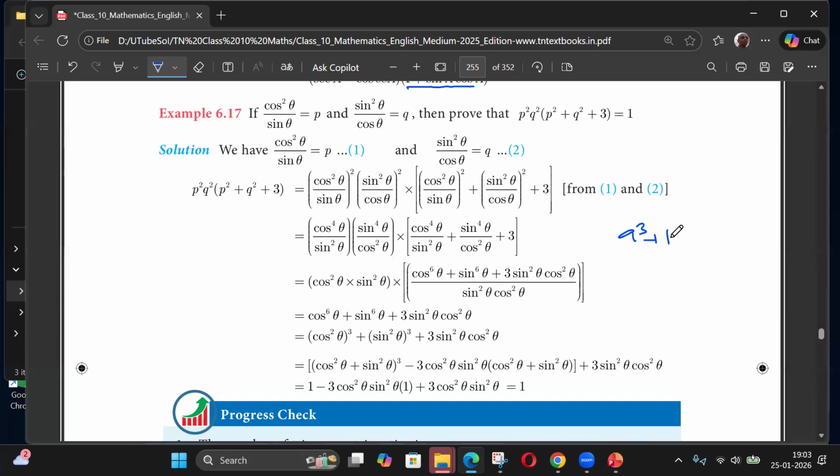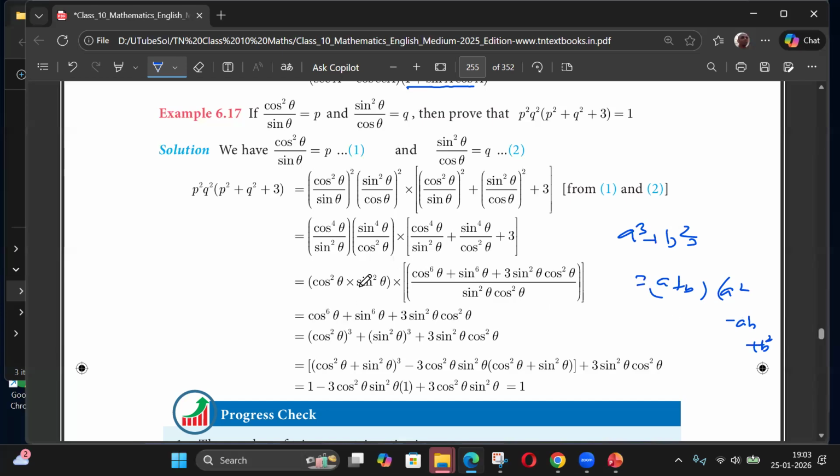A cube plus b cube is a plus b, and then second order, so a square minus ab plus b square. Okay, because a minus sign is required, because only two terms have to survive. Other things have to cancel. That is because there is a minus sign here. You can check the identity in the beginning.